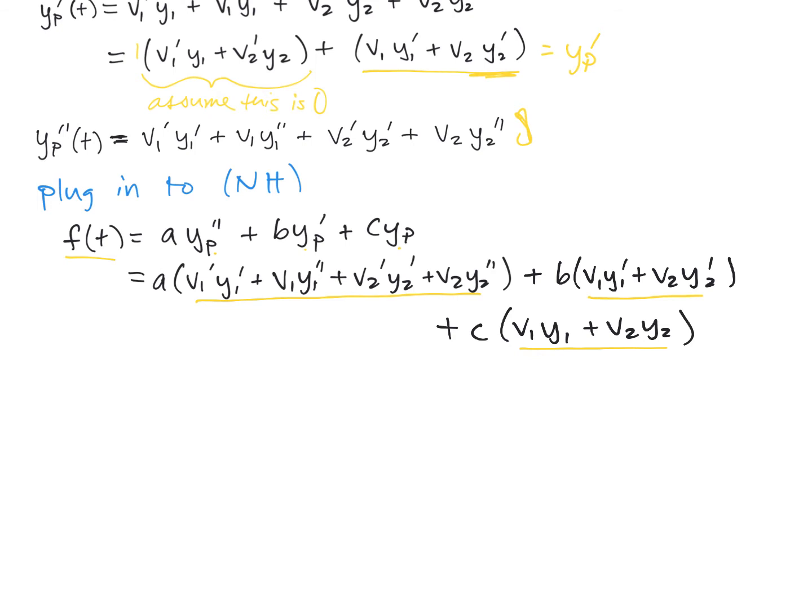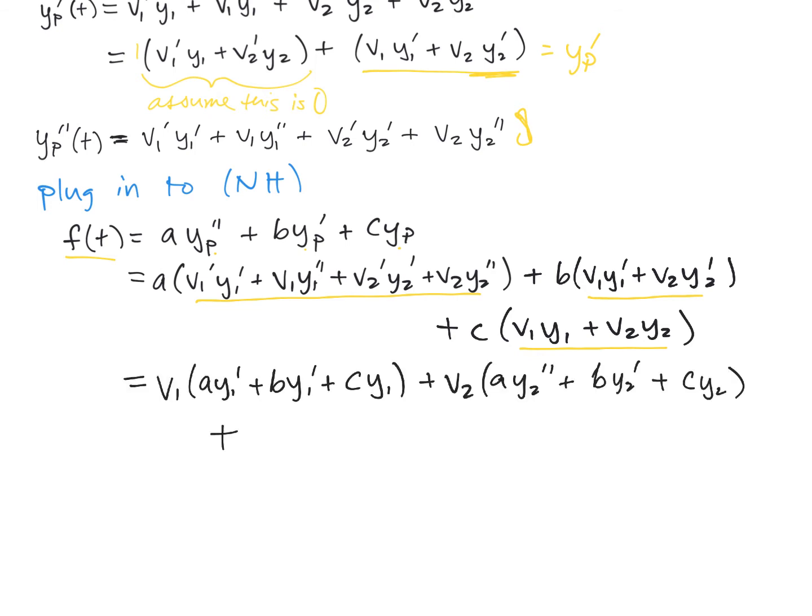So now I can simplify things a little bit by making the observation that I've got a whole bunch of a's and b's and c's times the derivatives of y1 and y2. So I'm going to group things that way. So here are the first two terms that I'm going to walk through before I finish writing everything out. I have pulled out for these terms right here, I'm looking for all the ones that have just a plain v1 in them.